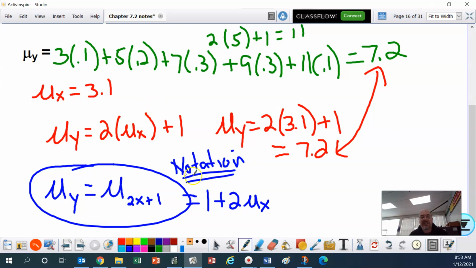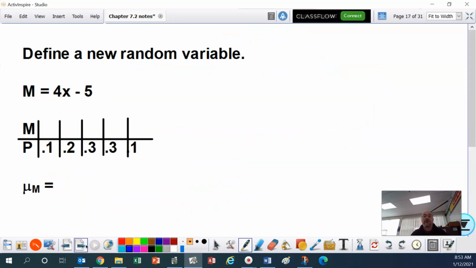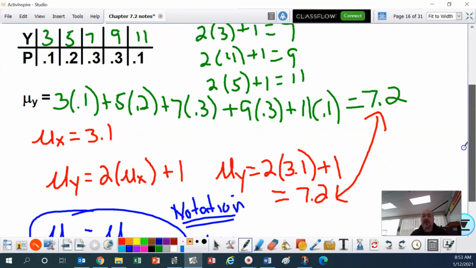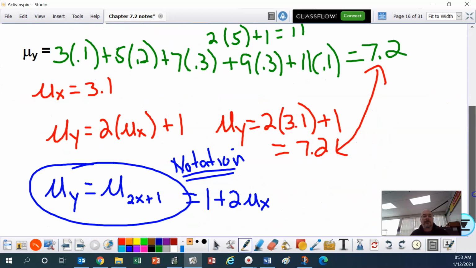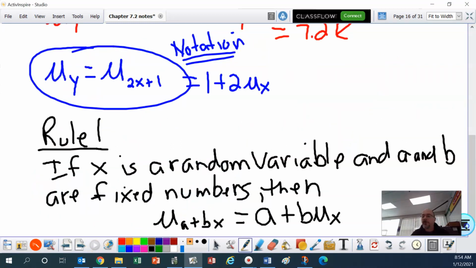Okay, which leads us to what rule number 1 is saying. So what I'm doing is I'm following the format of the rule. Oh, I don't have the rule written down. Okay, hold on, let me get that written down. All right, I quickly wrote that rule down.